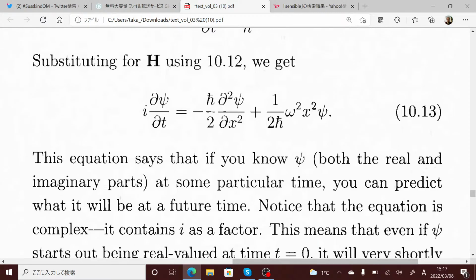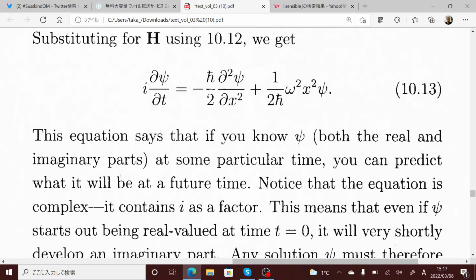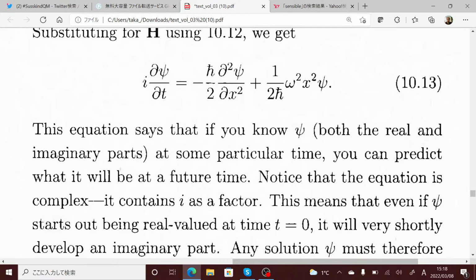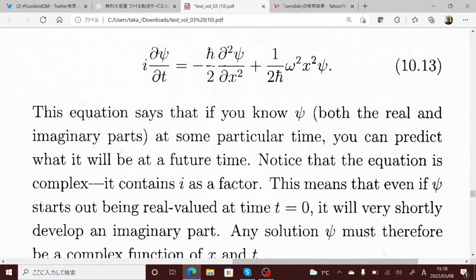This equation says that if you know psi, both the real and imaginary part, at some particular time, you can predict what it will be at a future time. Notice that the equation is complex.